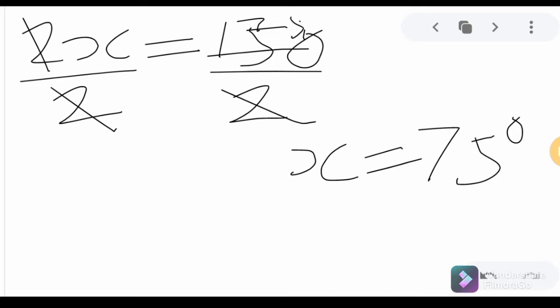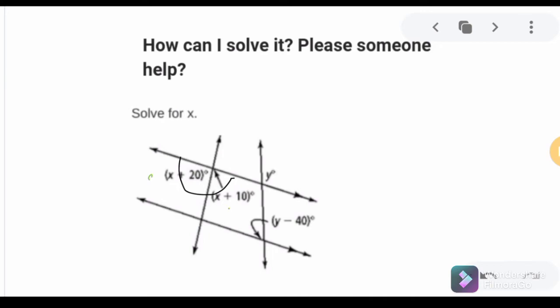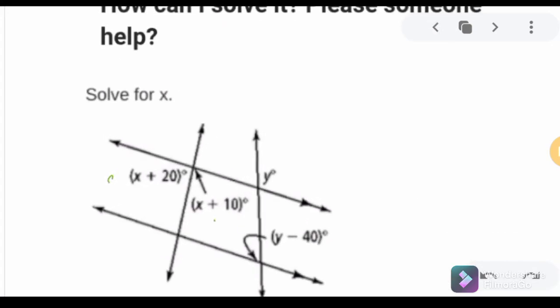So if our x is 75 degrees, let's look at this. It means that x plus 20 is the same thing as 75 plus 20, so this angle here is 95 degrees.